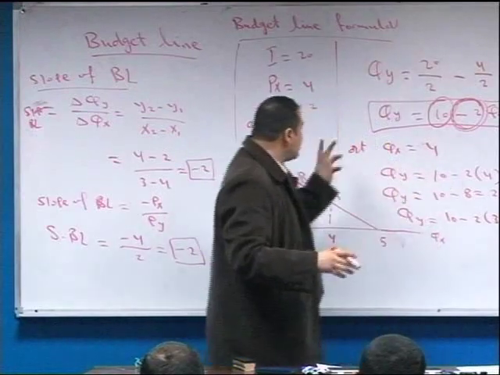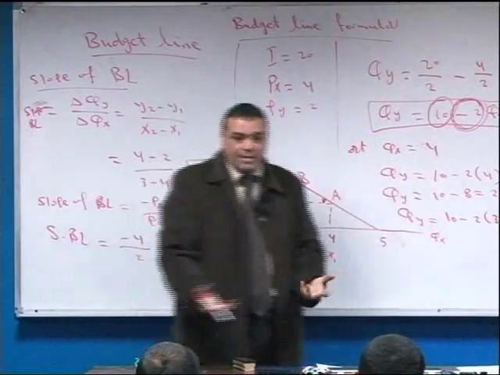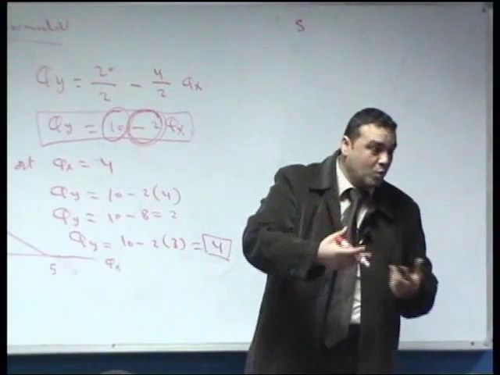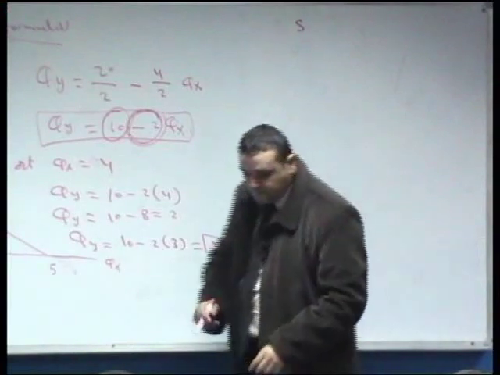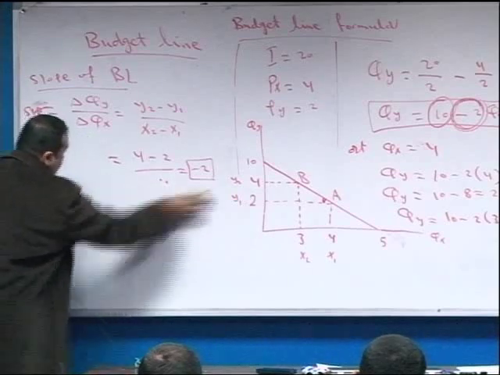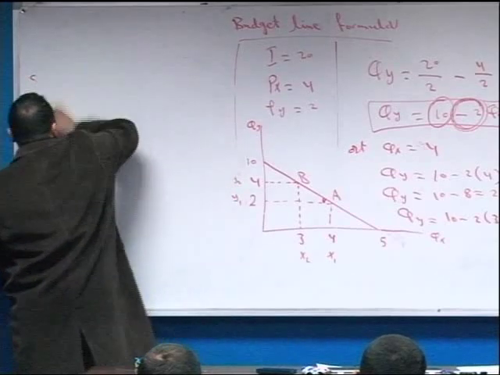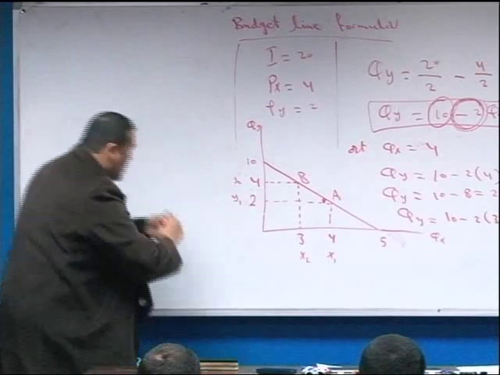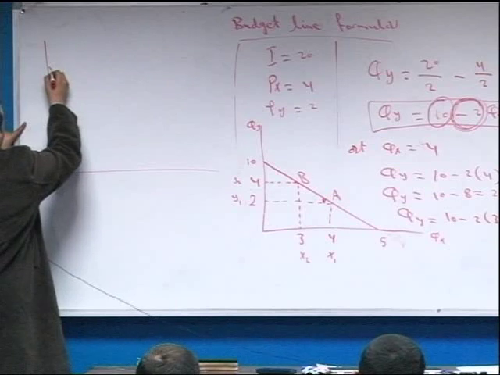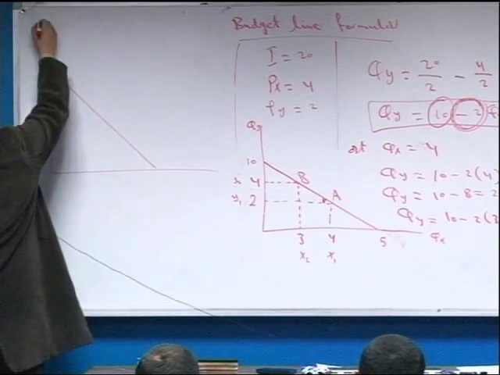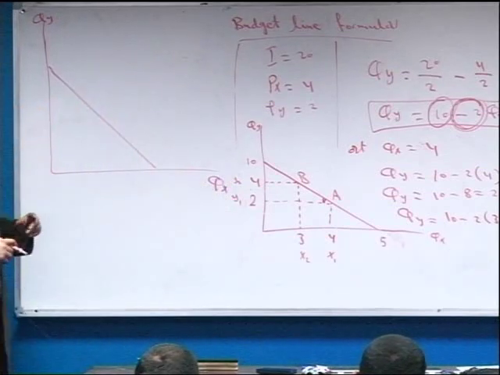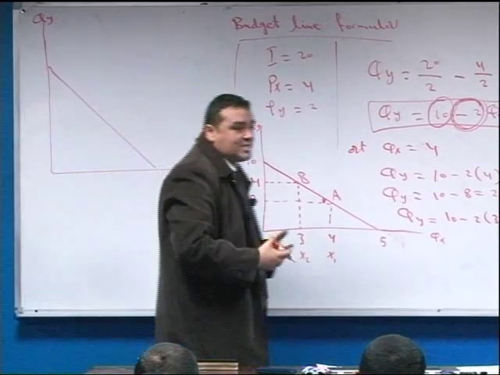So let us summarize our discussion about the budget line and its relationship with income and the prices of X and Y. Suppose this is the original budget line, QY, QX. Increasing the consumer income leads to what?